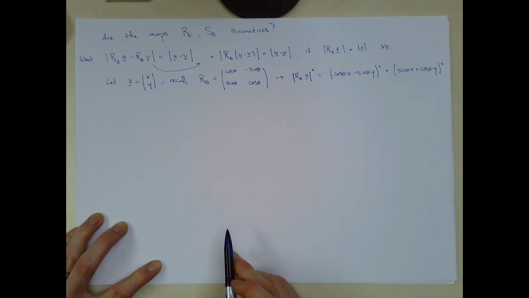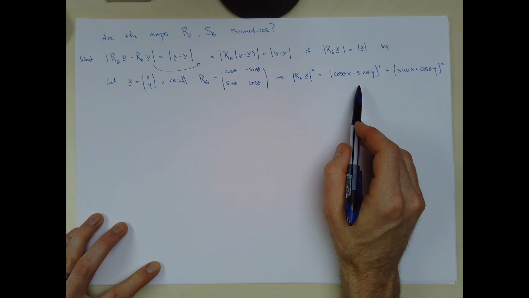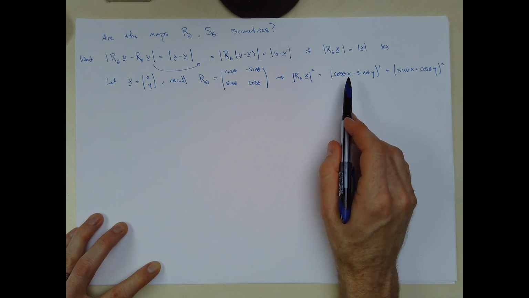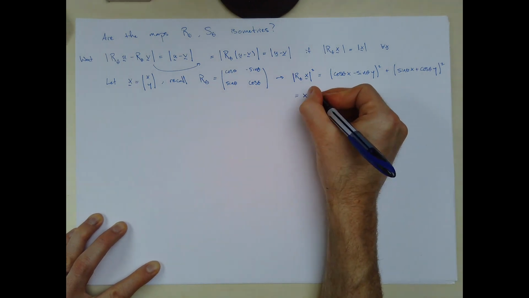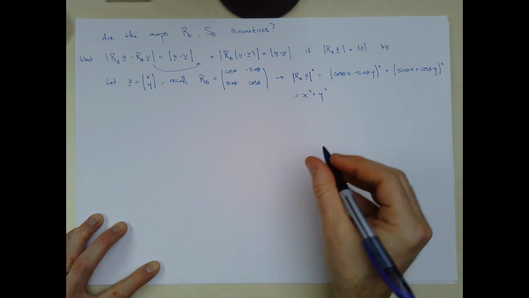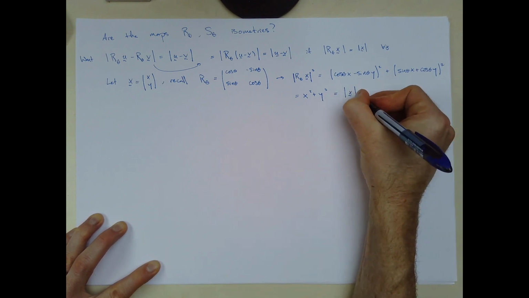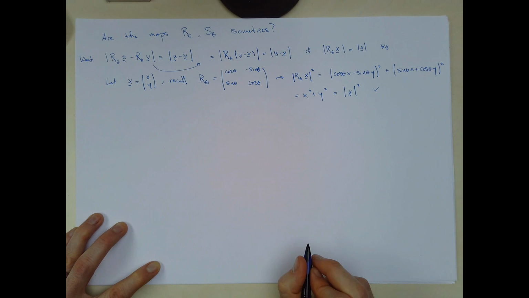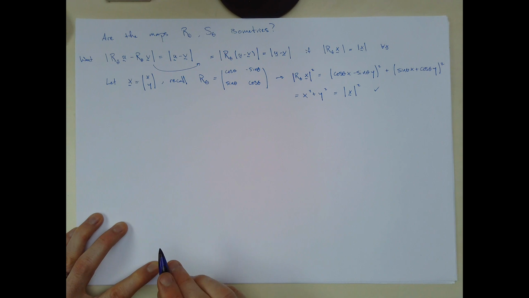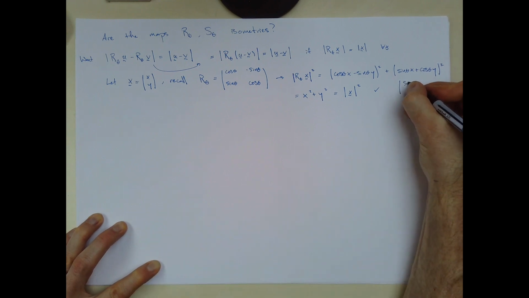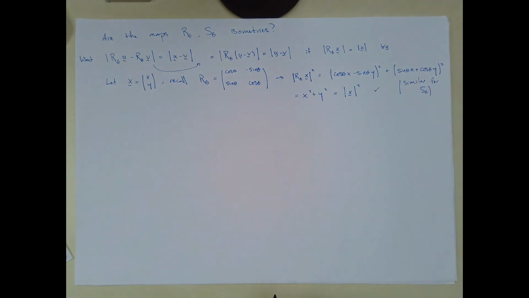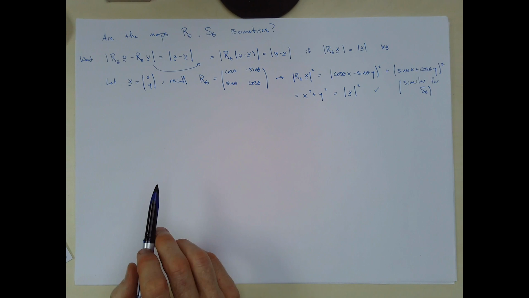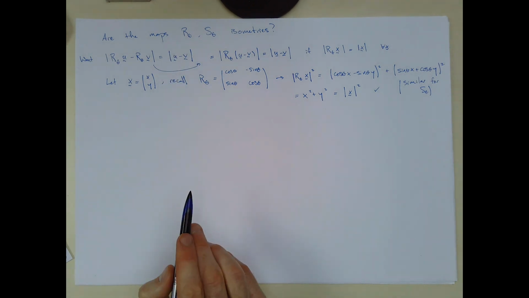And now we can expand that and we get some various trig identities. So I get a cosine squared plus sine squared times an x squared, and similar for y, and my cross terms cancel out, so I'm left with just x squared plus y squared, which is magnitude x squared. Okay, I won't do the calculation here, but it's a very similar calculation for S_theta. Right, so that verifies that those maps are indeed isometries.